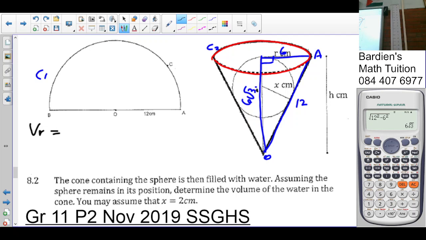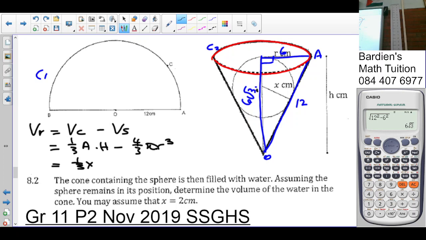The volume of what remained is going to be the volume of the cone minus the volume of the sphere. Not so? So how do you calculate the volume of a cone? It's a third area of base times perpendicular height, minus the volume of the sphere, which is 4 over 3 pi r cubed. So it's going to be a third.